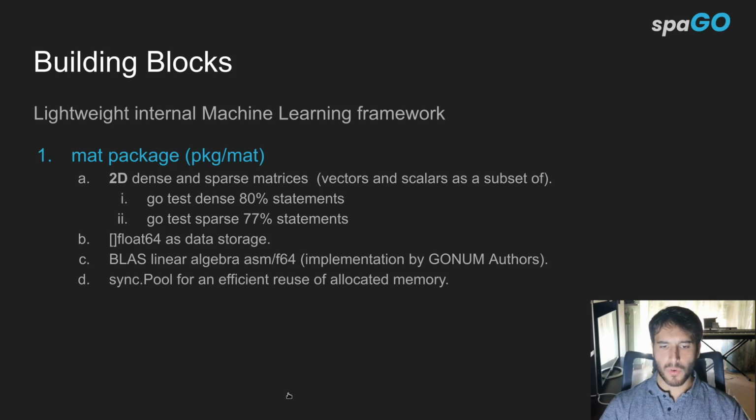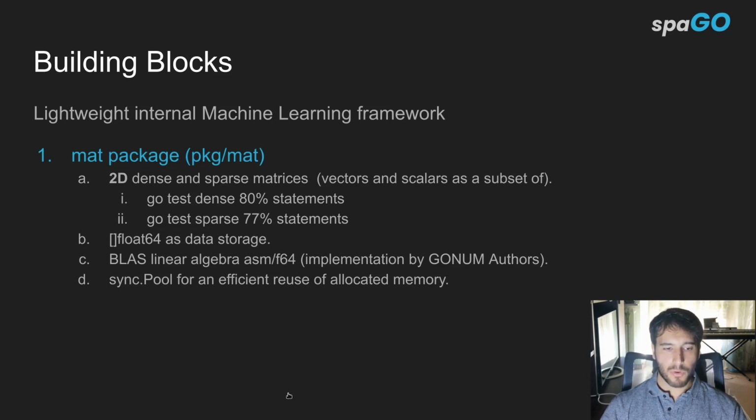As I said before, we use GoNum, which is a library. We imported some pieces of code of the GoNum library directly inside spaGO, because I didn't want to have a lot of dependencies. So I tried to really stick with a minimal approach, preferring to import code directly into spaGO. And we need that to perform linear algebra operations with assembly code.